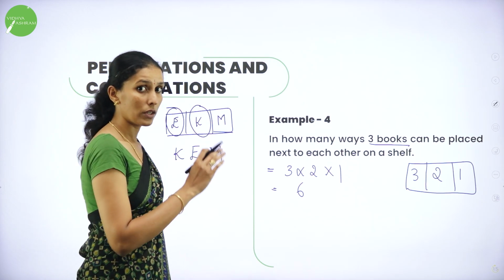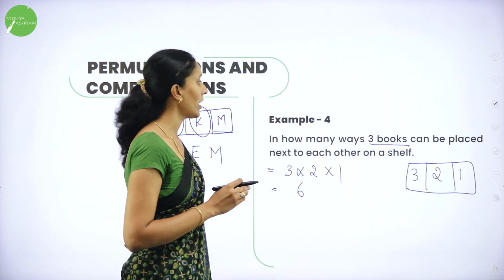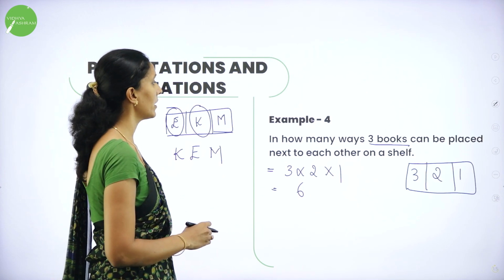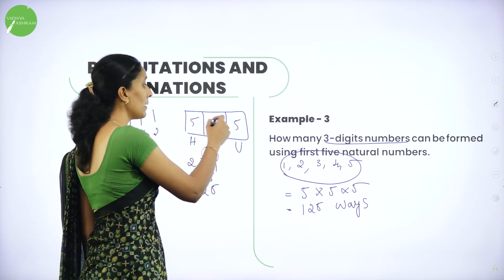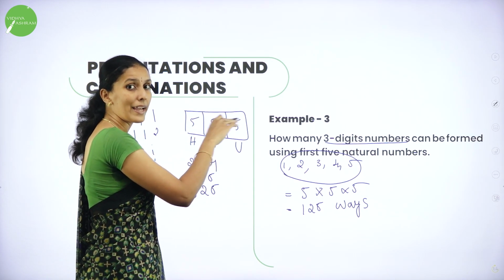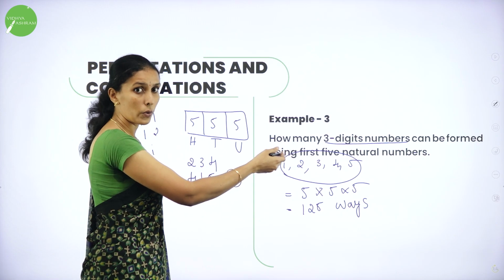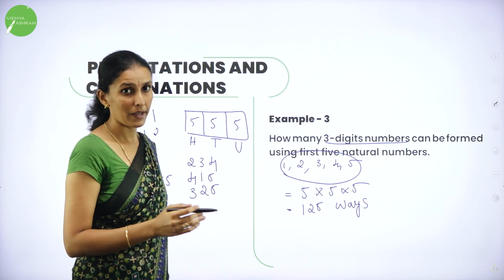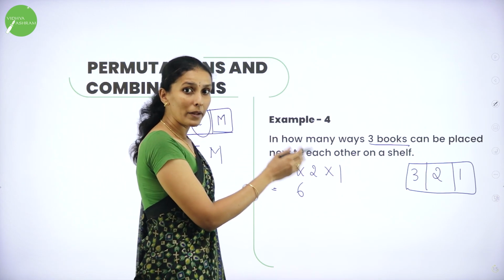Got it. So this is the difference between the previous one and this one. Here you can see that any place can be taken by any object from 1 to 5, because the digits are repeating in the hundreds, tens and units place. Whereas here, it cannot be repeated.